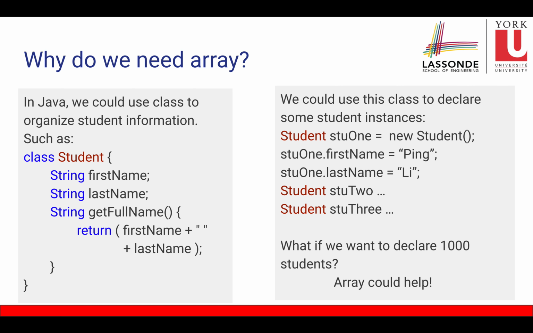We could use this class to declare some student instances, such as student1 equals new Student, student1.firstName equals Ping, student1.lastName equals Li. In the same way we could create student2, student3.